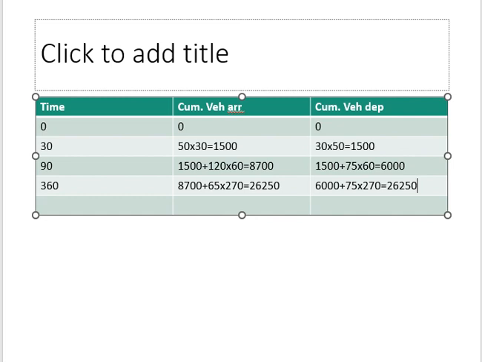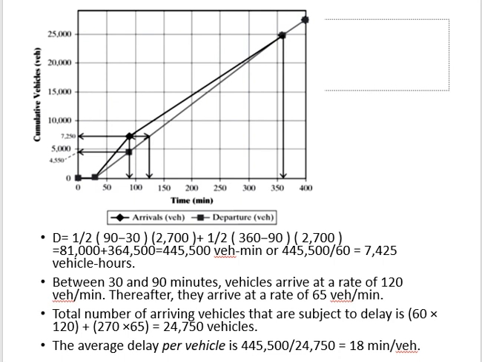Now using time and these two columns, they have drawn a graph. The two lines which you see in the graph are for the vehicles arrived and departed. You can see till time 30, both lines are the same, going together. This is almost zero, because the number is very small. It's not zero, keep in mind.